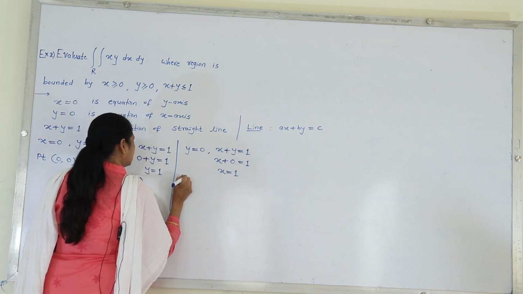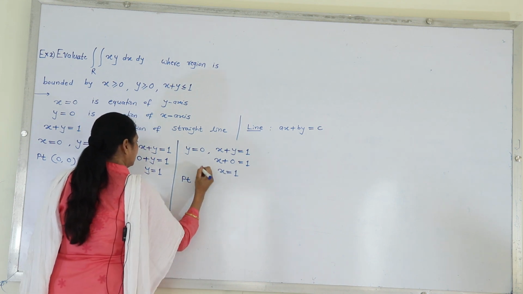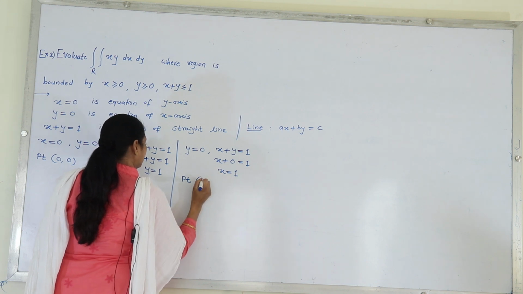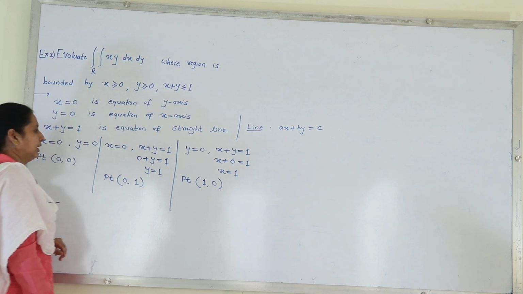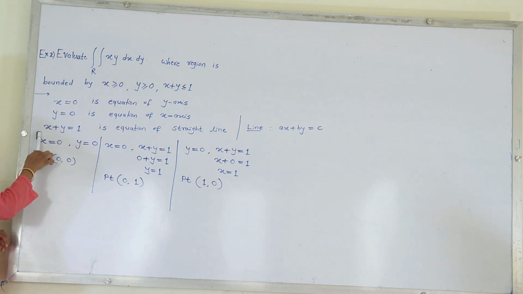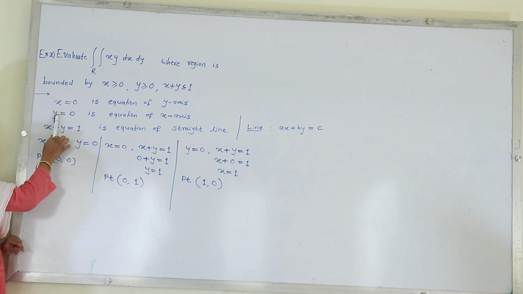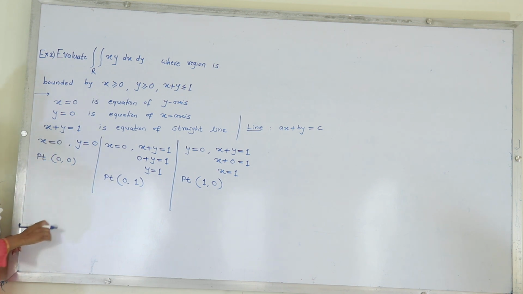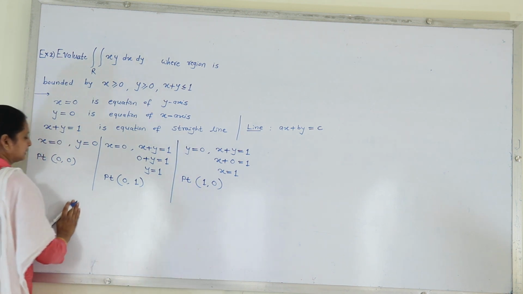Means the point is x value 1 and y value 0. Now when three equations are given in a region, we take two equations at a time to find the points of intersection.